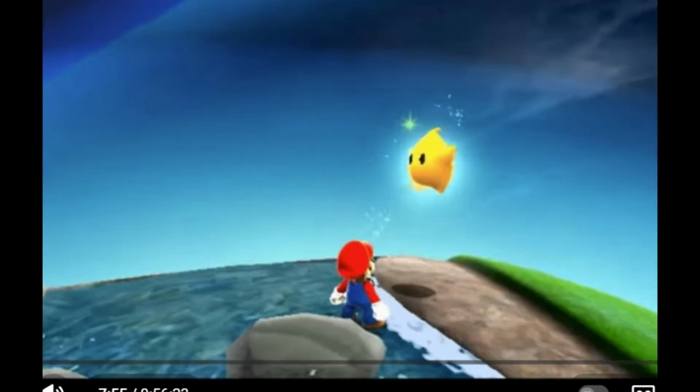And the Lumas, these meta stars that exist up in Rosalina's world, I'm talking exclusively of Mario Galaxy here, I apologize. I was trying to make it general about the Mario franchise, but Mario Galaxy is a good example of this. The Lumas in Mario Galaxy are said, I think, in some instances, to transform into power stars.